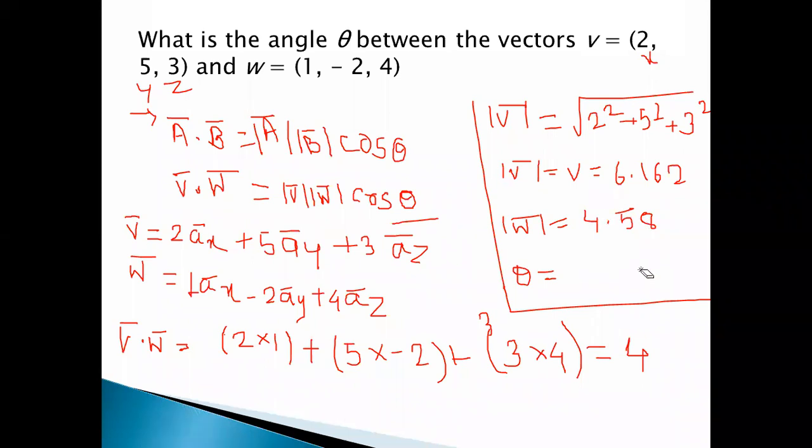Check once again. Renuka, I think you are having some range problem. Is the screen visible to all? Yes, okay.